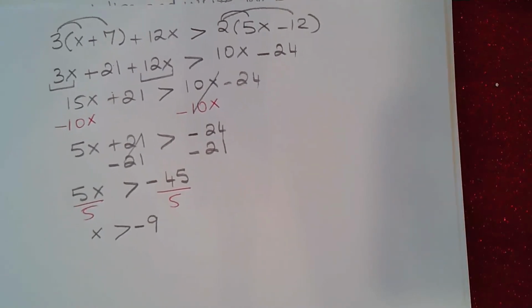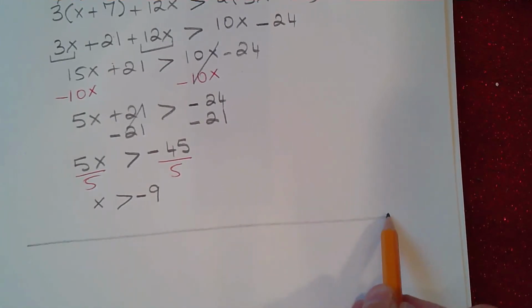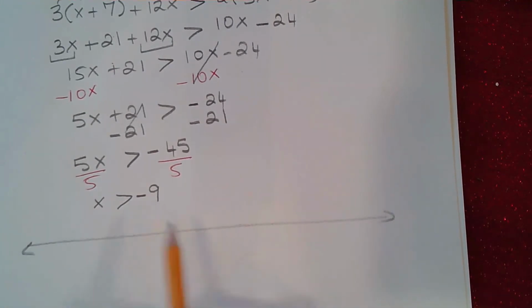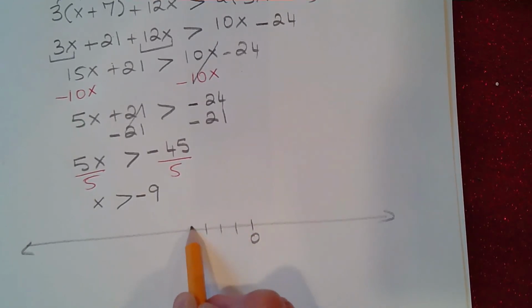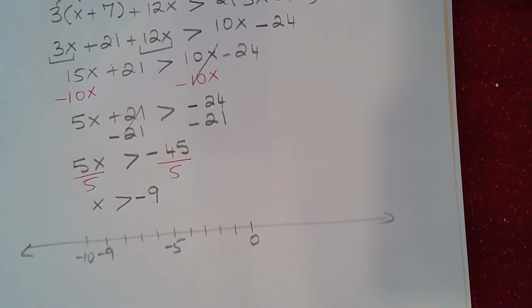Now to graph the solution, let's go ahead and graph this. Now this is a little bit larger than the negative side, so 2, 3, 4. Here we have negative 5. And here's negative 10. So the solution is x greater than negative 9, which means negative 9 is not included in the solution.